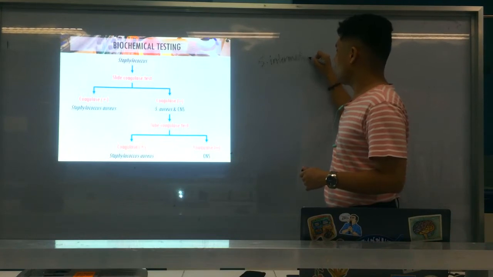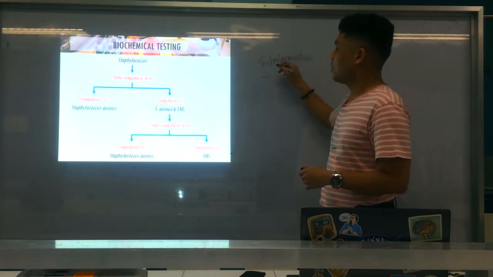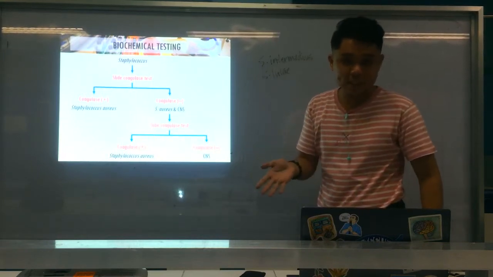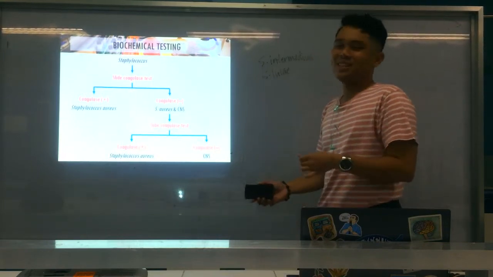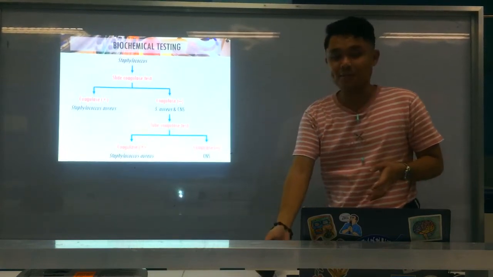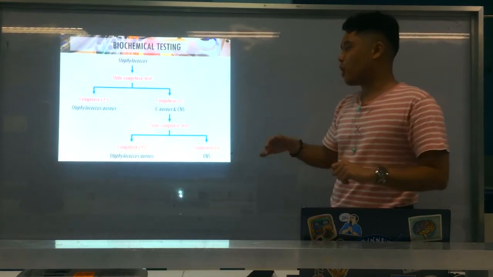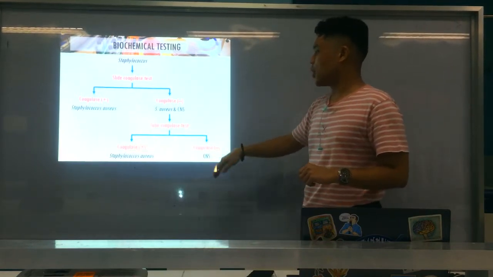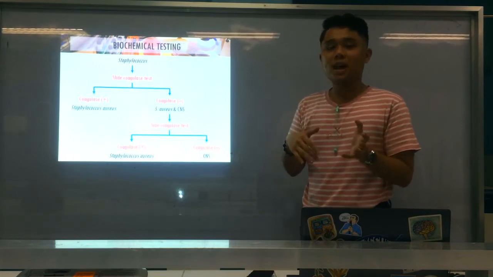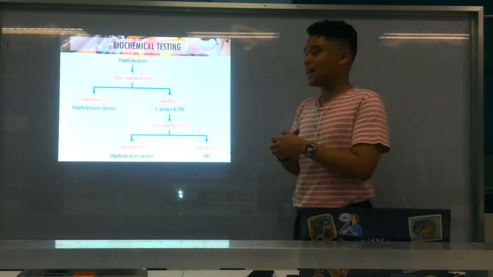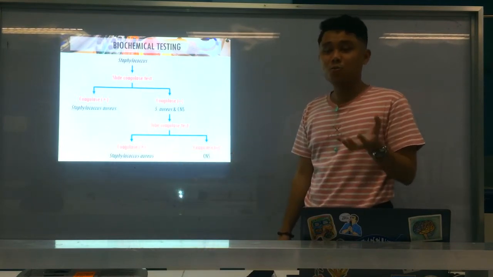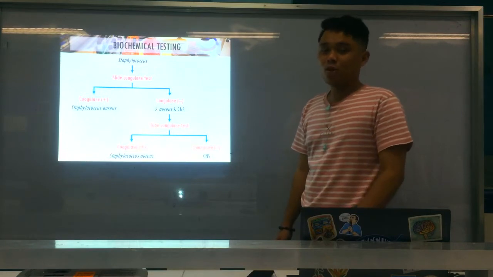S. intermedius and S. lutein, I think. Alright. So again, these are less important, second options, less important, not so well-known Staph species. But usually, if it's tube coagulase positive, we assume that it's S. aureus. Alright? Because most of the clinical isolates obtained in the lab that are tube coagulase positive are Staphylococcus aureus.